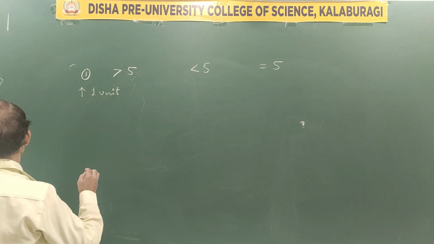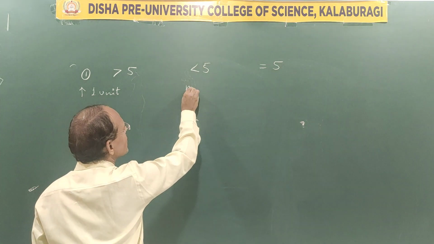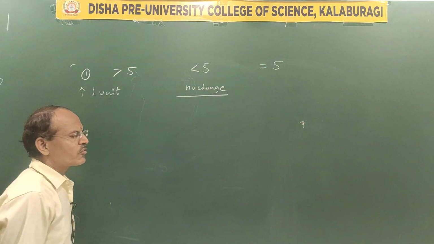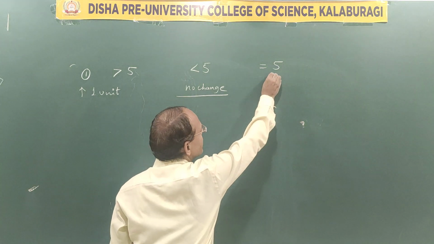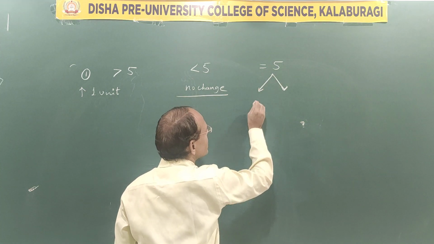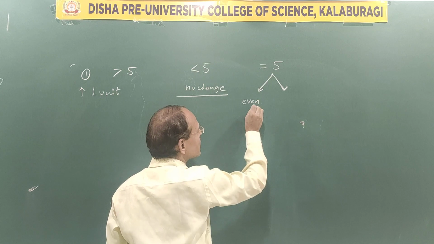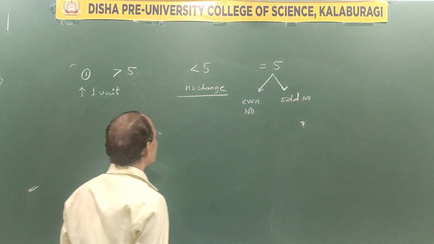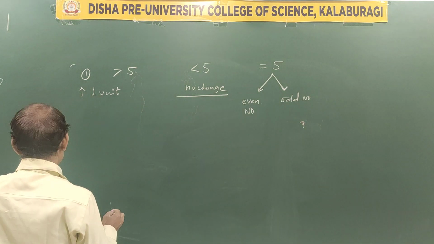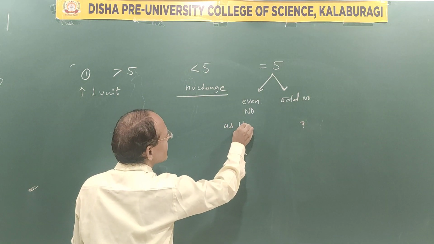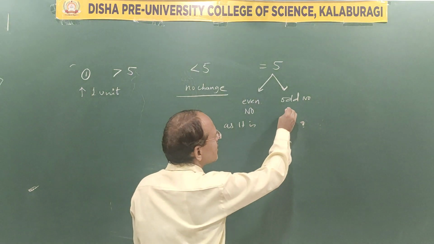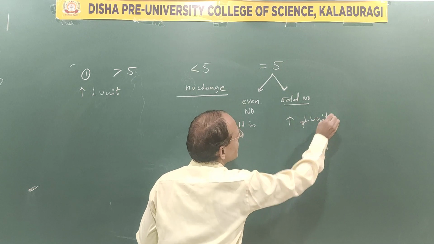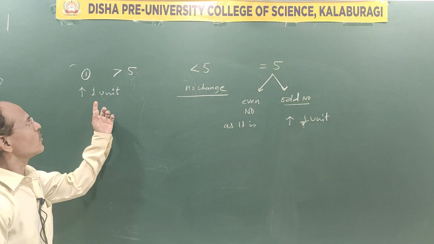If it is less than 5, no change in the preceding number. If it is equal to 5, then if the preceding number is even, keep as it is. If it is odd, increase by 1 unit.